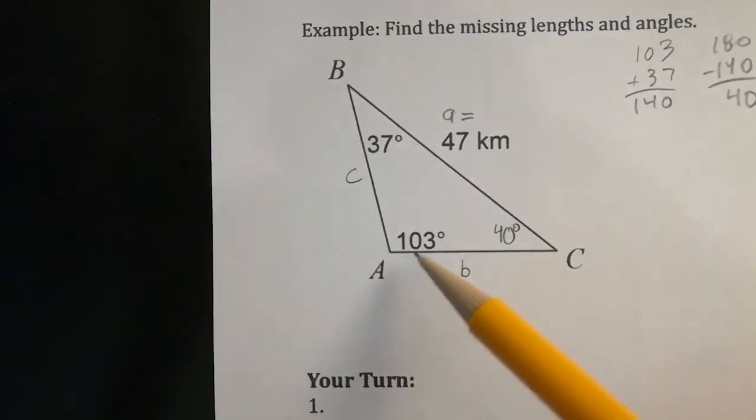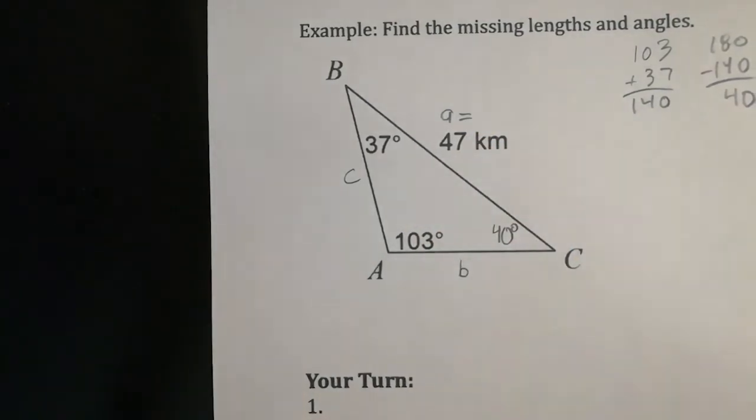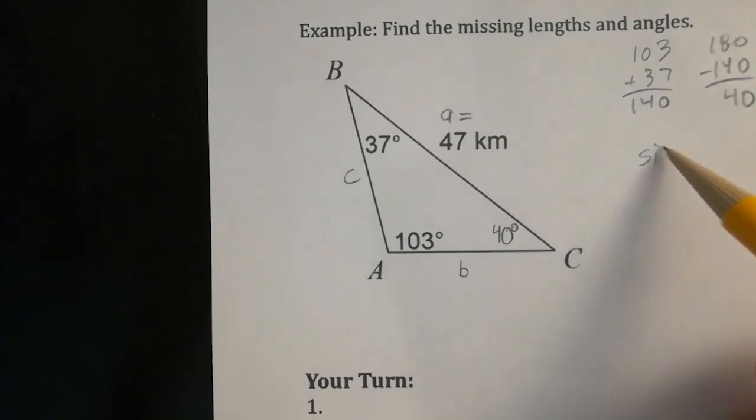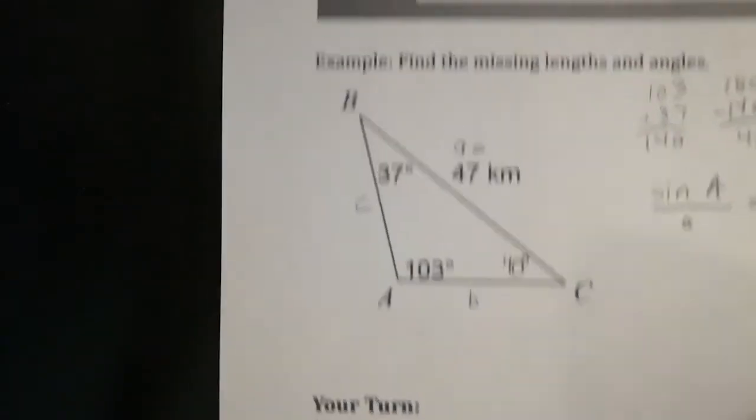So I'm going to involve side A and angle A because I know both of those. So let me write that part of the formula down. Then depending on what I want to find out, I'll use that part of the formula.